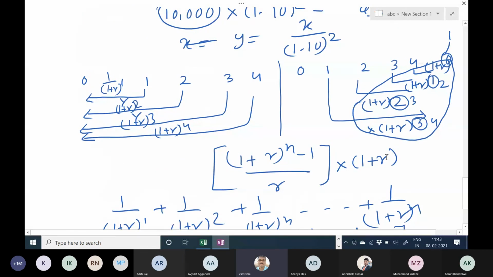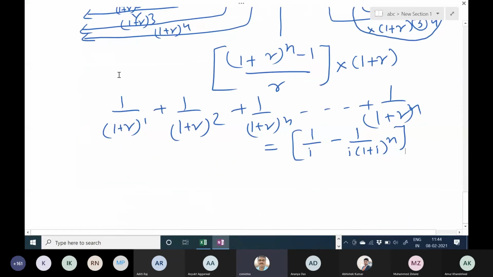Because if I bring it to annuity due, my discounting will be done one time less. Are you getting my point? If I take this 1 as the beginning of the year, should I discount now? No. The beginning of year 1 is nothing but today. So I'll discount how many times less if I convert into annuity due? 1 less.